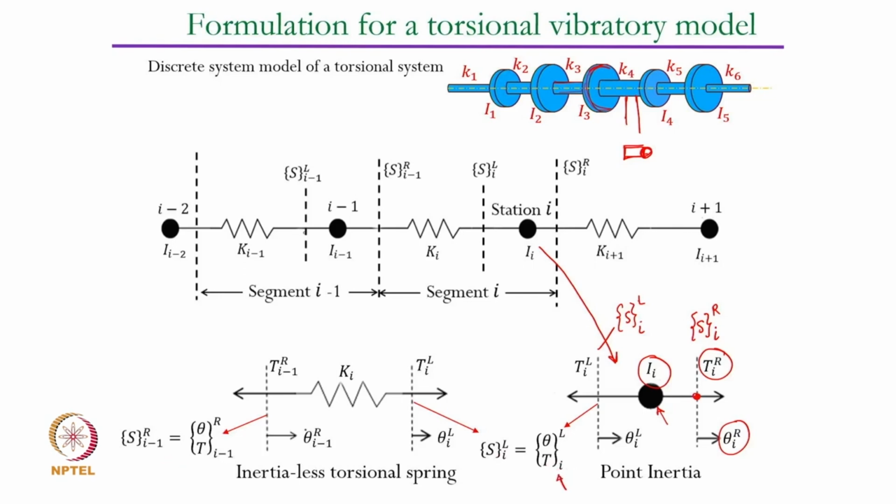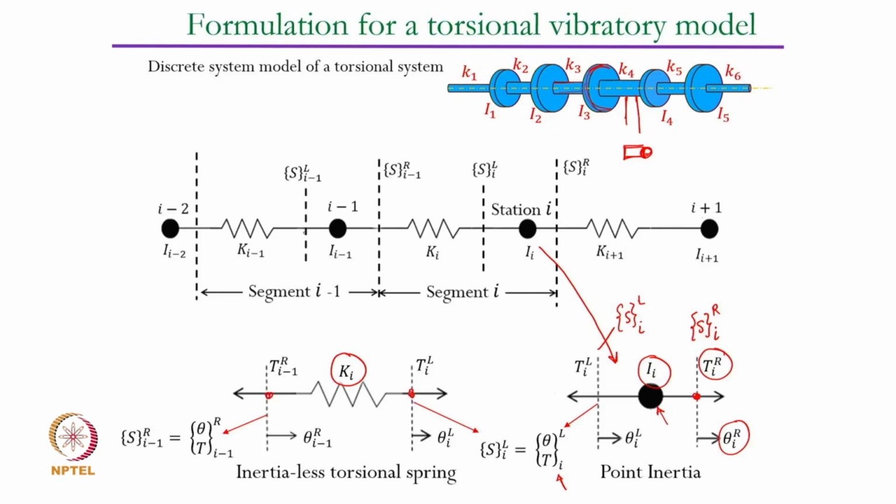For the spring element, which defines the torsional stiffness of the shaft, it has two state vectors on both ends.